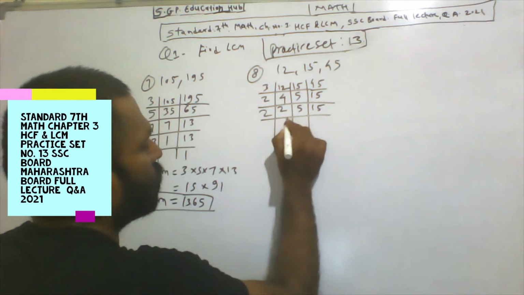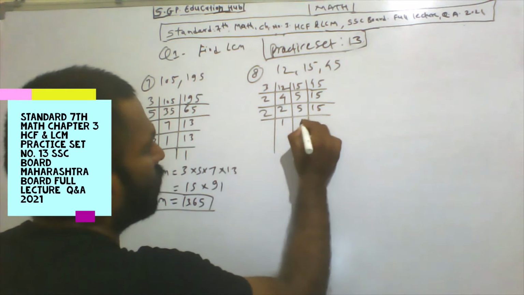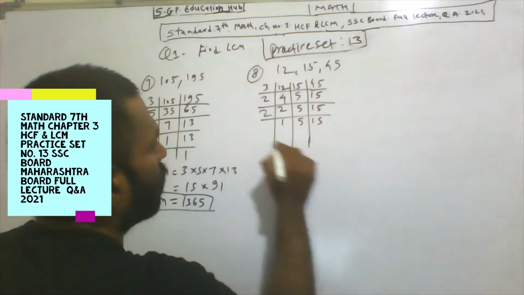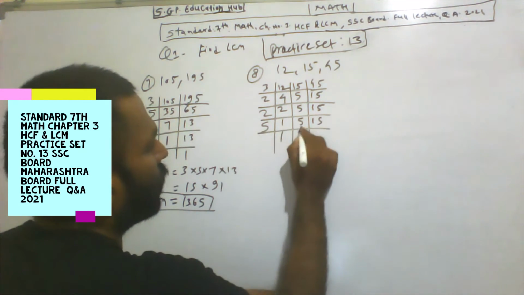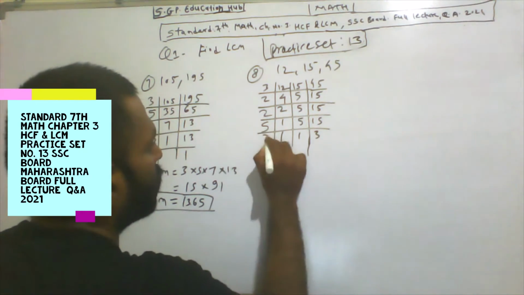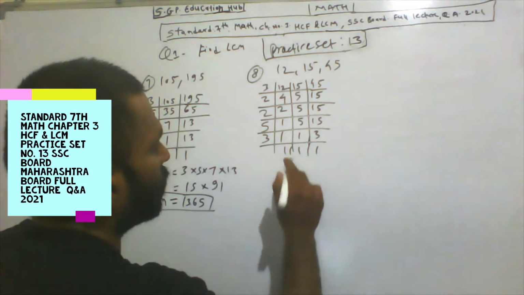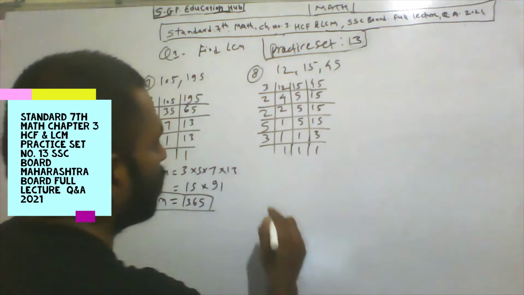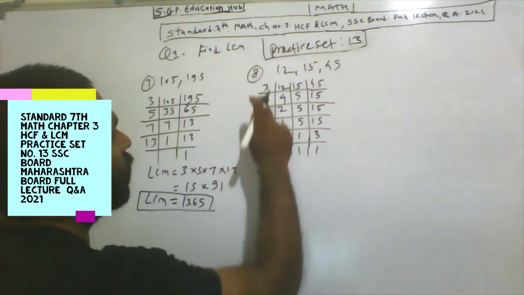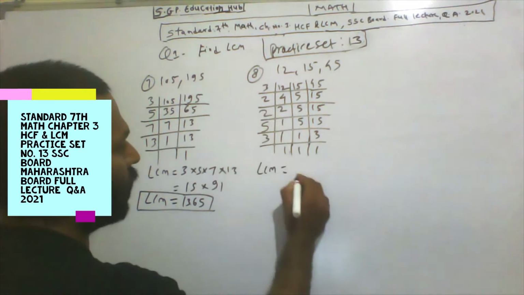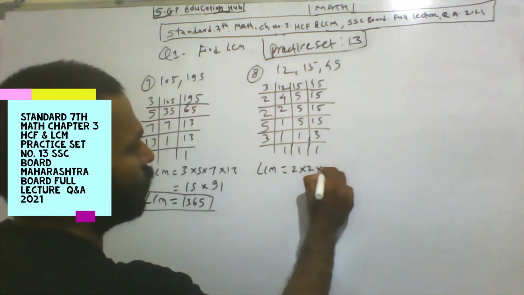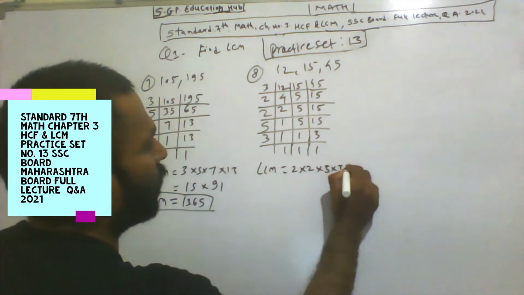Then 2 again, 2 ones are 2, 5 and 15 remain the same. 5 ones are 5, 5 threes are 15, then 3 ones are 3, all 1. Okay, the LCM is then 3 two times, 2 two times, 2 into 2 into 3 into 3 and 5 one time.